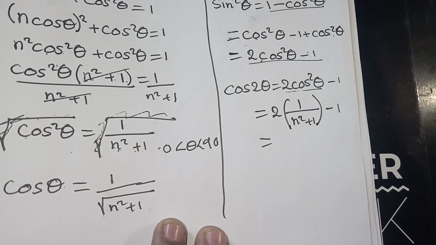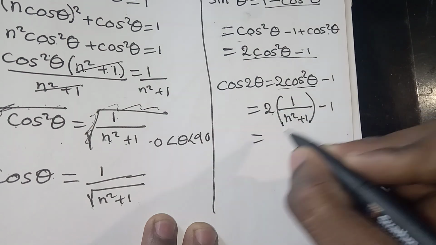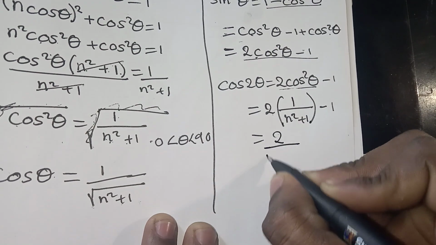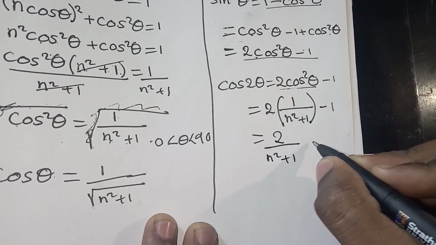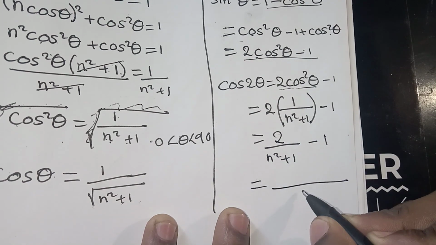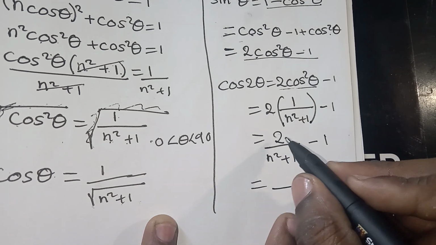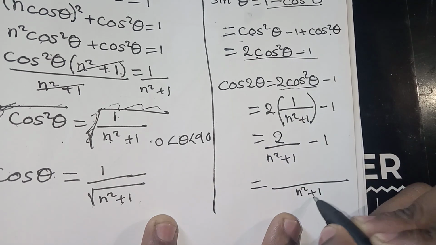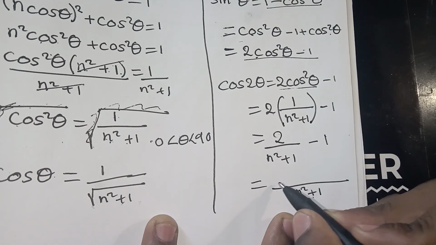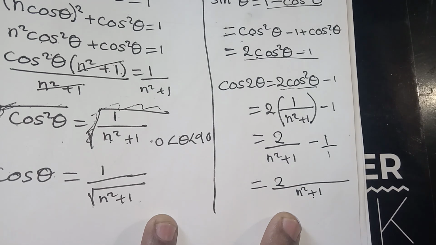Okay, so now all you need to do is to simplify this. So this times this will be 2, then n squared plus 1 minus 1. And then when you find the common denominator, you have n squared plus 1. And then this into this is 1 times 2, which is 2. Then you can put the 1 there if you want.